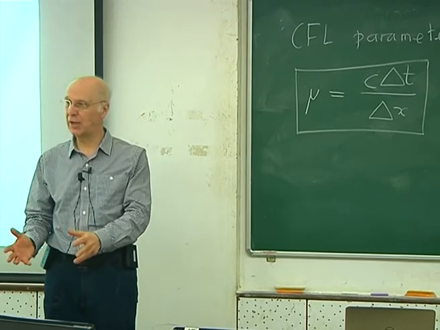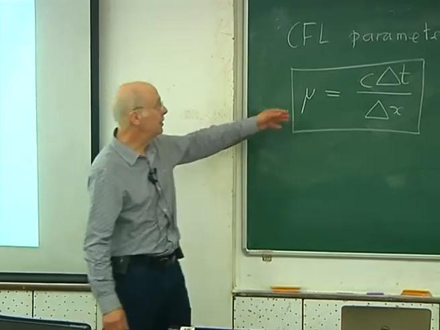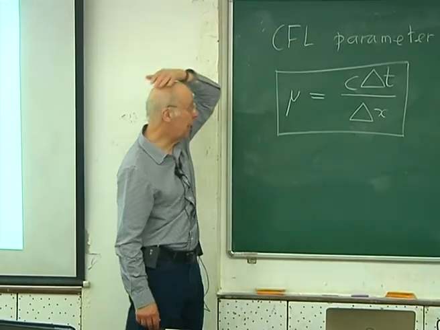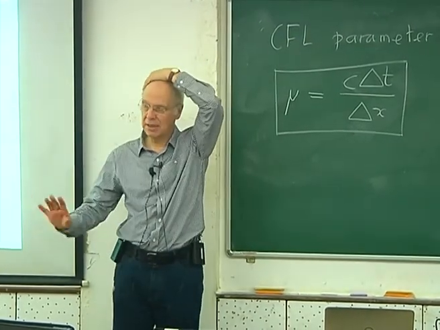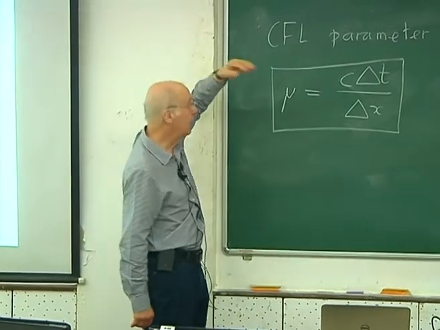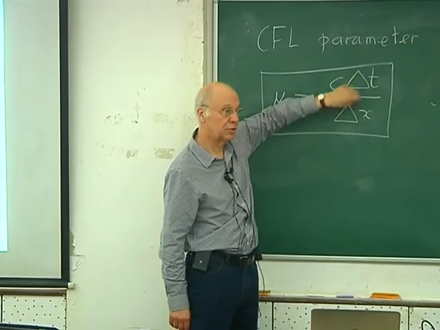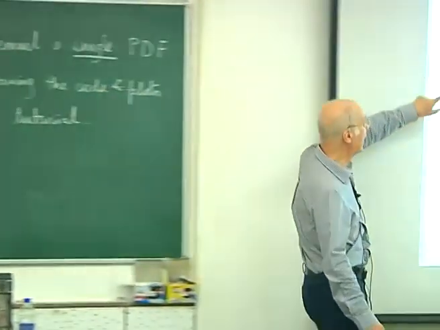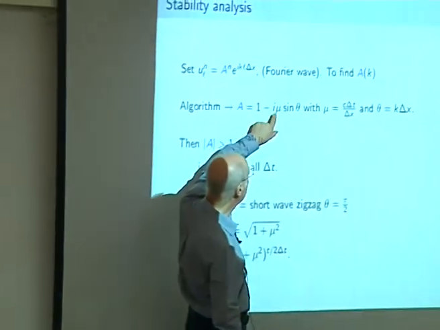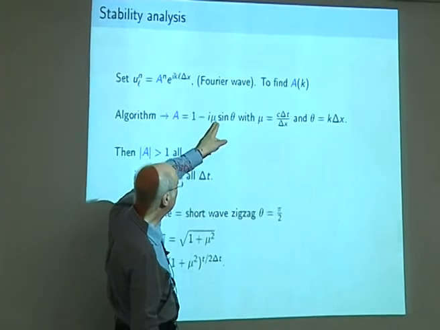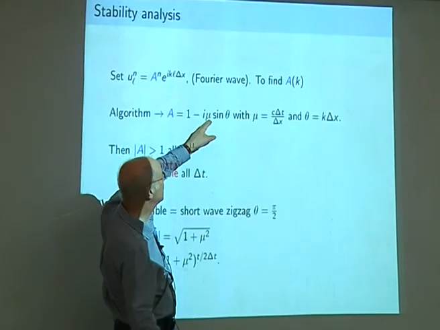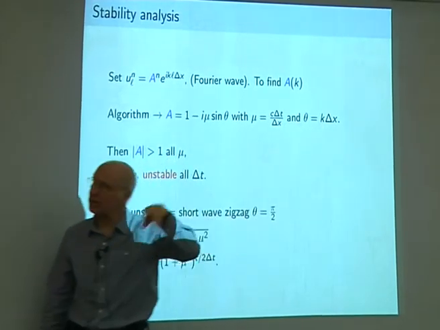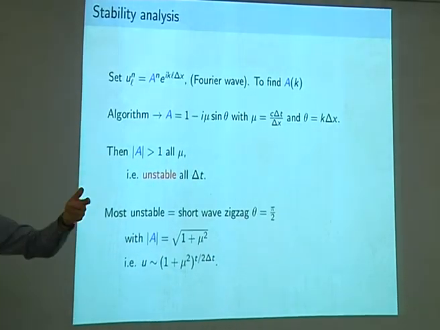So mu is available to be used as the CFL, Courant-Friedrichs-Lewy parameter. This dates back to 1928, I think, as the non-dimensional size of the time step. So we have this expression that A is 1 minus i times mu sine theta, where mu is the size of the time step, and theta is how this Fourier wave changes over 1 delta x.